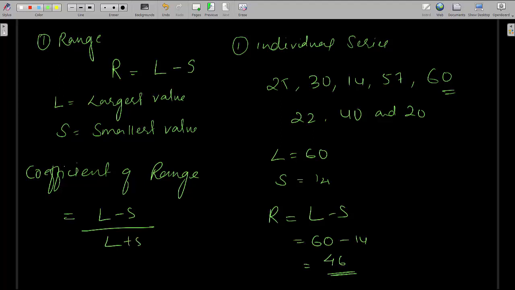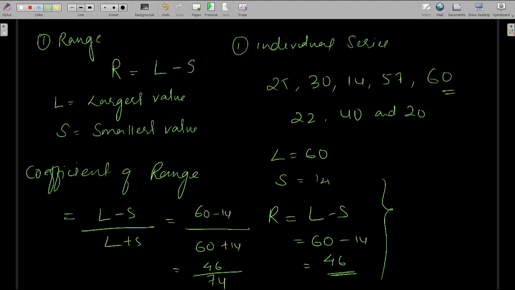I'm taking this example once again. L minus S, so 60 minus 14, divided by 60 plus 14. 60 minus 14 is 46, and 60 plus 14 is 74.